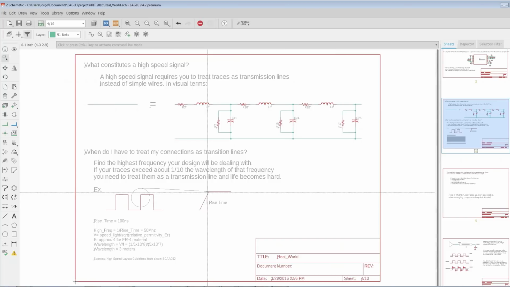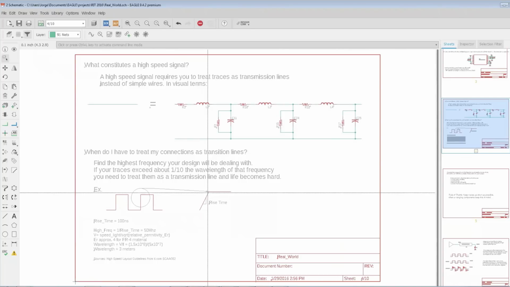I have the document number reference there in the sheet. What they recommend is to find the highest frequency in your design. Now, the highest frequency in your design is determined by the fastest rise time in your design. So you can have a 10 kilohertz signal, okay?